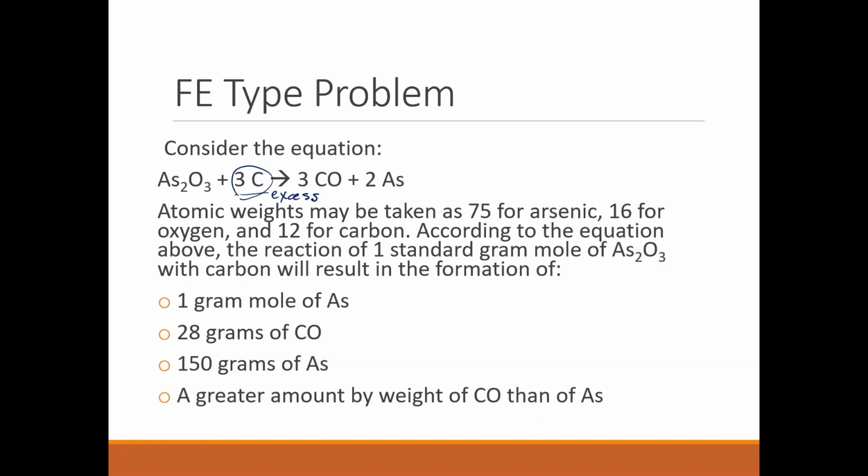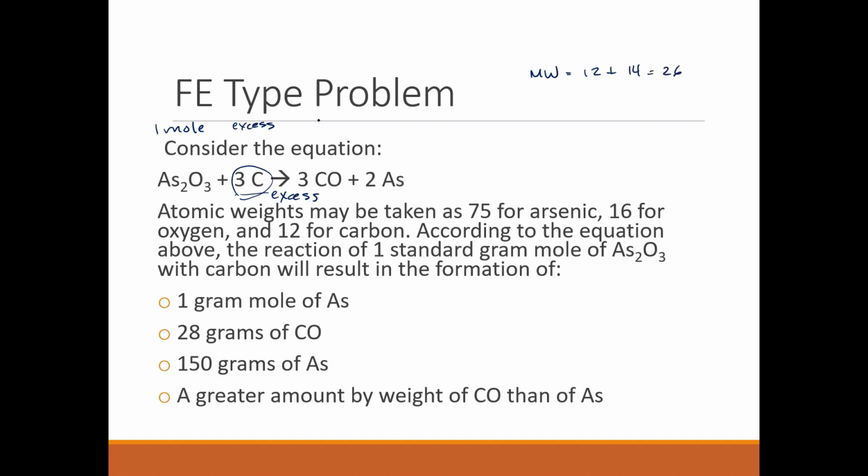So I'm just going to write it up here. We have 1 mole of arsenite. We'll assume that the carbon is in excess. So we produce 3 moles of carbon monoxide. So the molecular weight is approximately 12 plus 14, or 26.